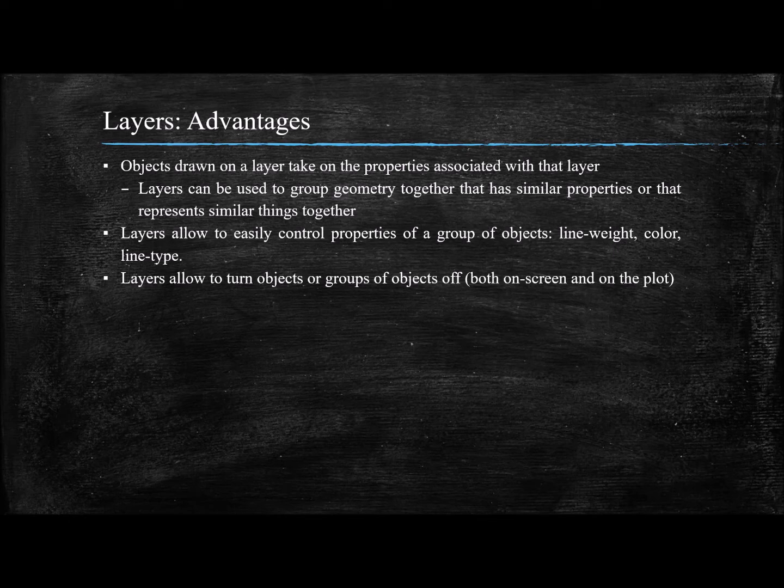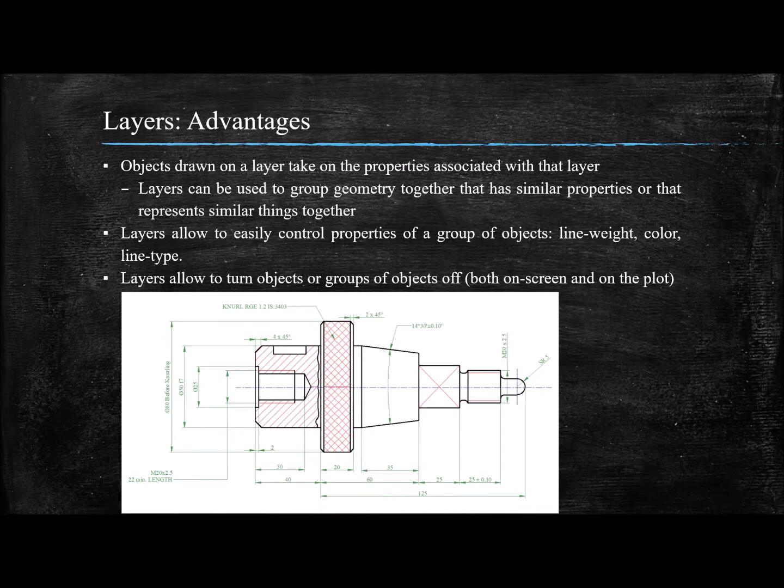Finally, layers allow to turn objects or group of objects off, both on screen as well as on the plotting device. When drawings become visually complex, layers can be turned off to hide certain objects temporarily. Let us look at this drawing of the connector which was shown in the previous slide.